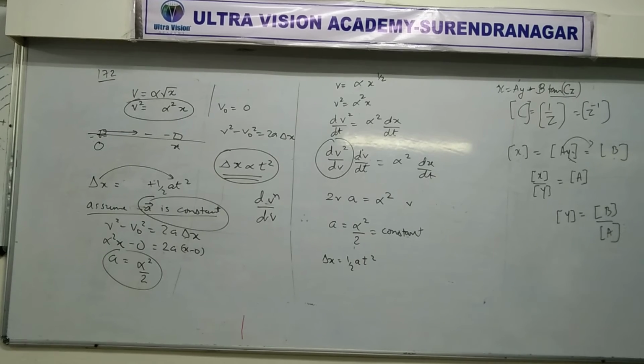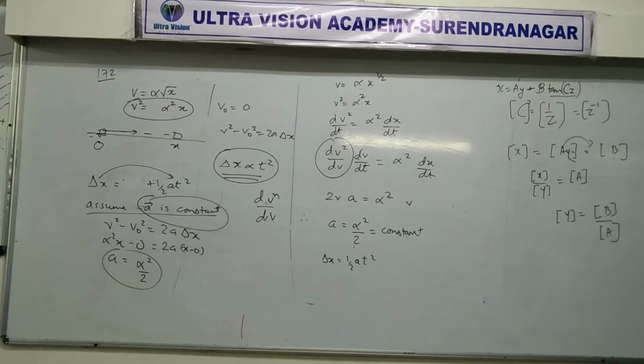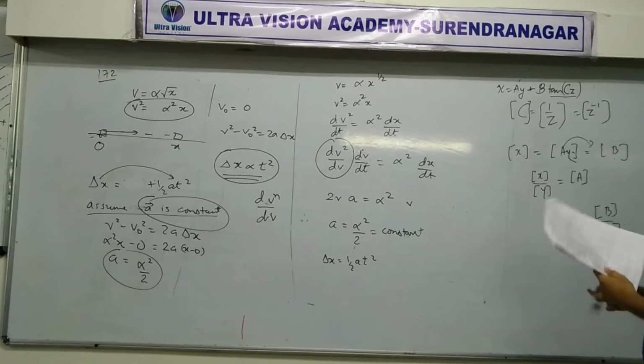163. Body is falling from rest. It has a velocity v after it falls to a height h. Then the distance it has to fall down further for the velocity to become triple.